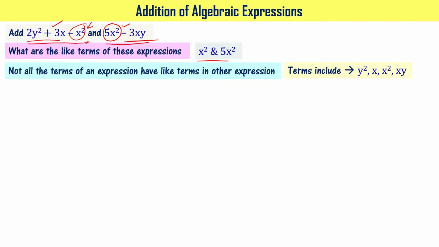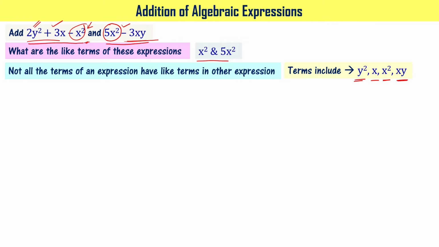We have seen the terms that have y square, right? Here. And we have terms having x, that is 3x. We have terms having x square, that is minus x square in the first expression, and 5x square in the second expression, right? And we have terms containing xy, that is in the second expression.